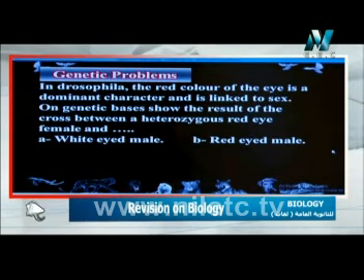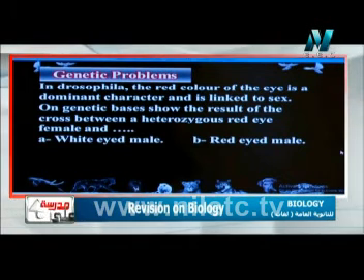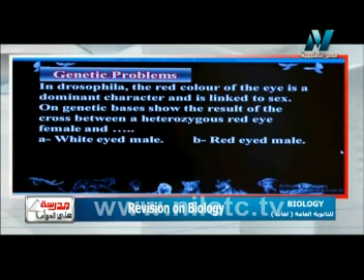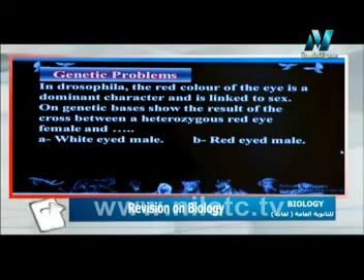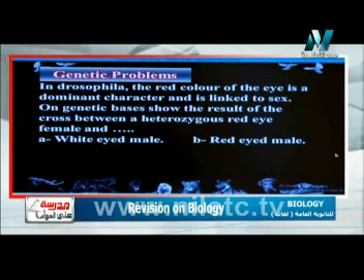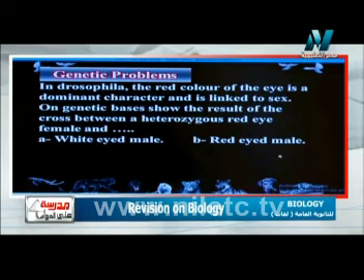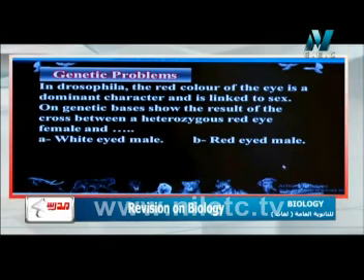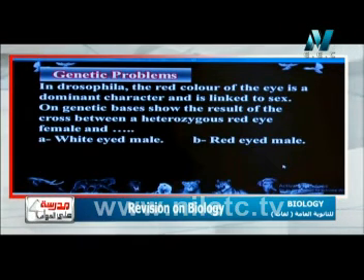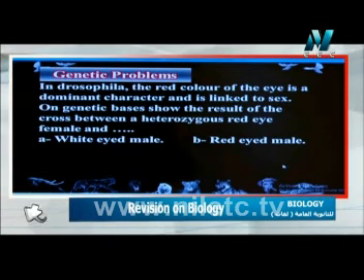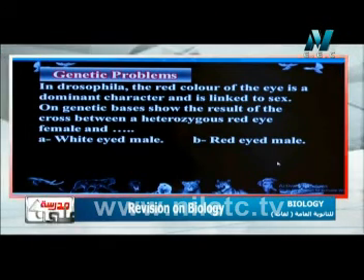On a genetic basis, show the result of the crossing between a heterozygous red-eyed female and A, a white-eyed male, B, red-eyed females. In the case of the sex-linked character, the females are represented by XX and the male by XY in the case of humans, Drosophila fly, and mammals.